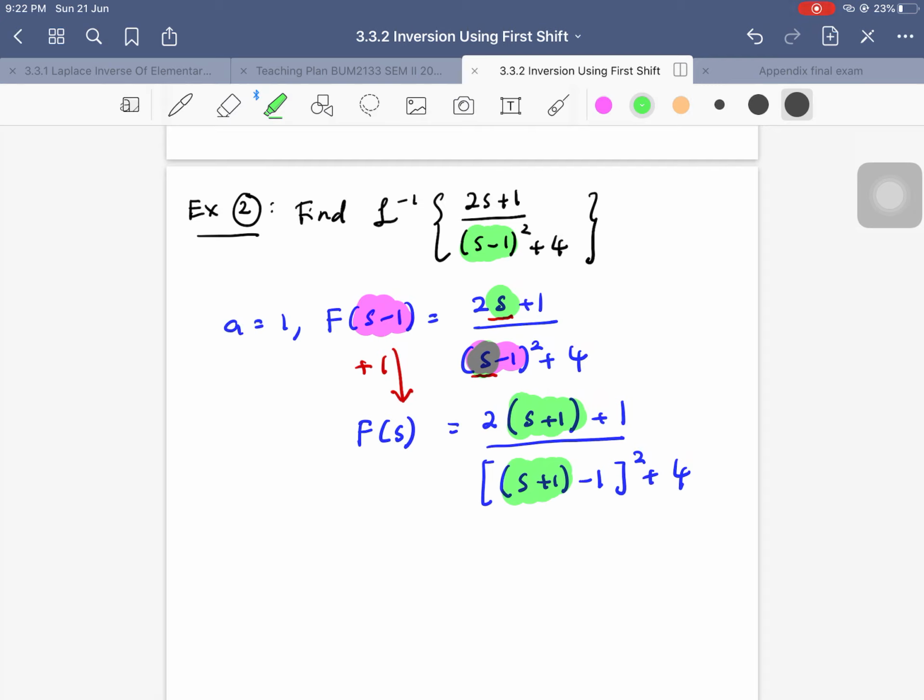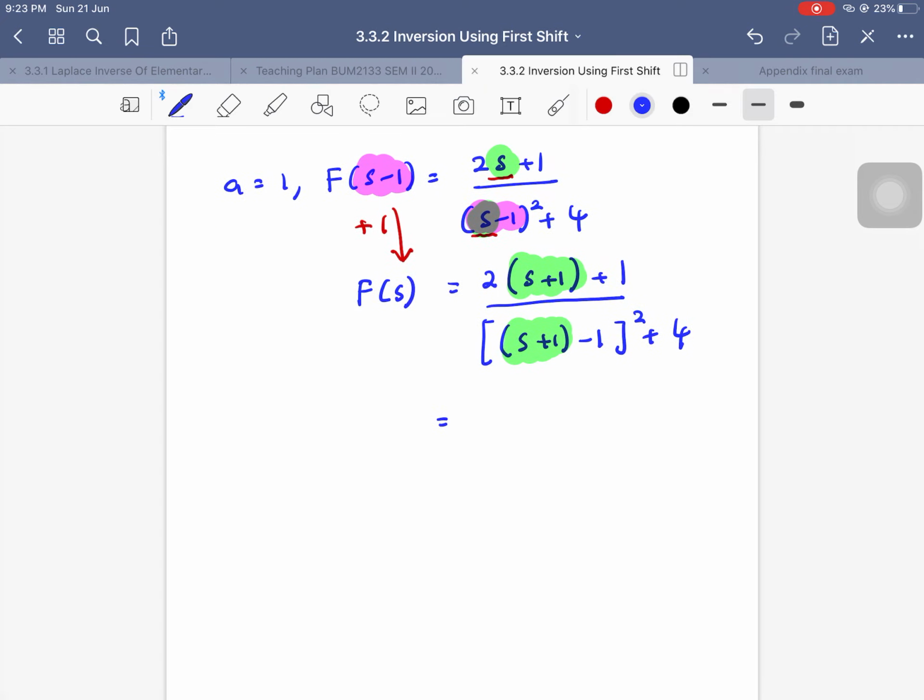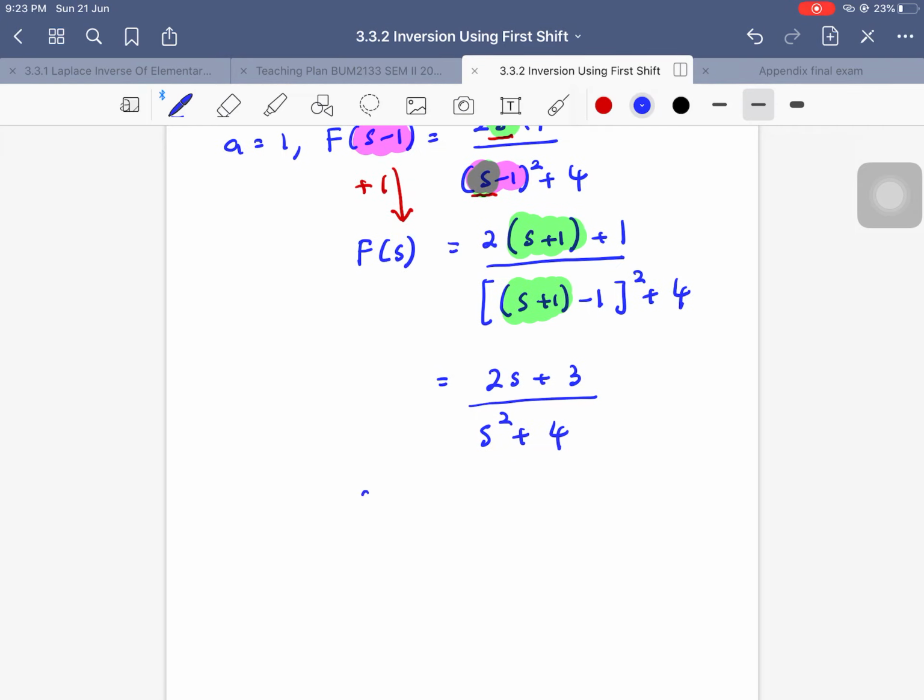We have to make it the same. And before you Laplace inverse, of course, you have to simplify them, unless you can actually Laplace inverse them in that form. When I simplify this, I'll end up with 2s plus 3, that's 2 plus 1, a 3. And at the bottom, I'm going to end up with s plus 1 minus 1, that is going to be s squared plus 4. We came across something like this already before, when I showed you the example for elementary function inverse.